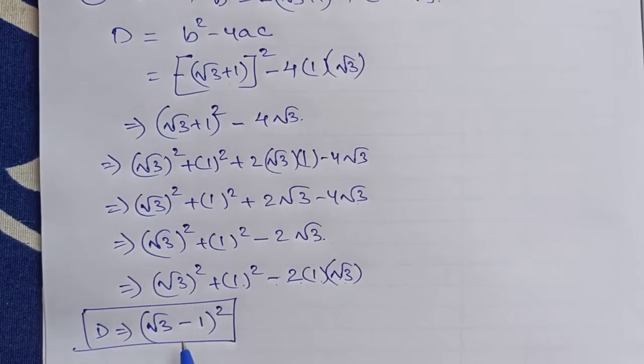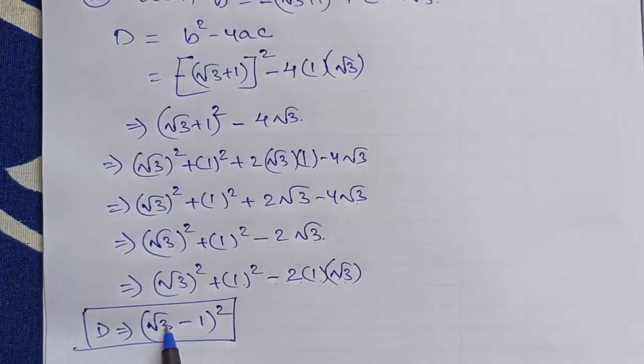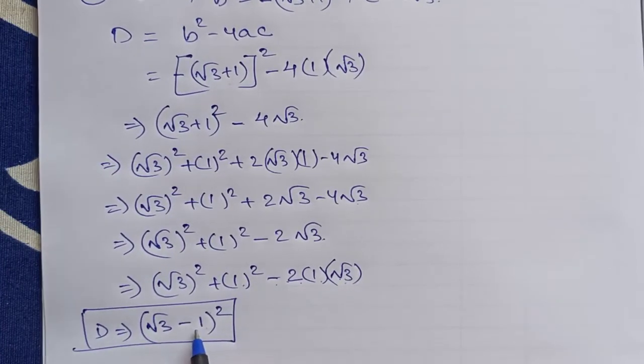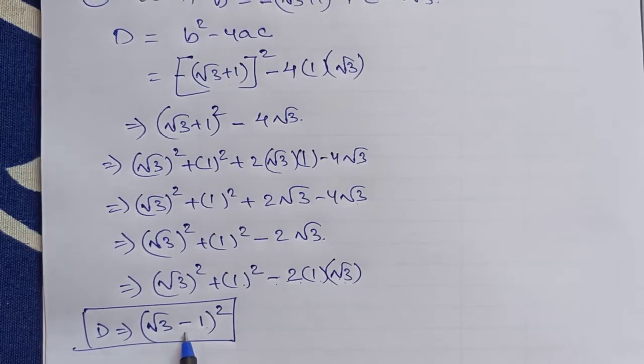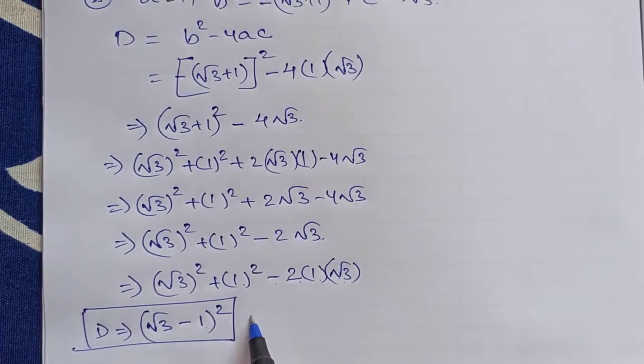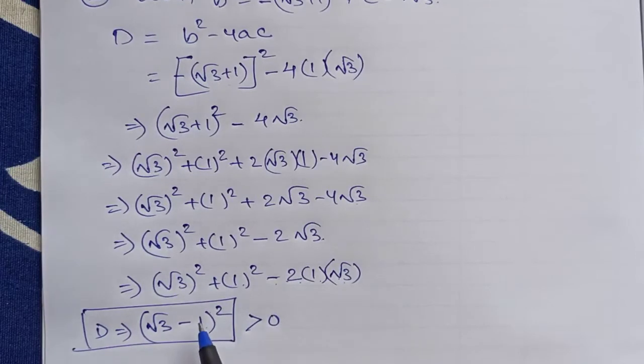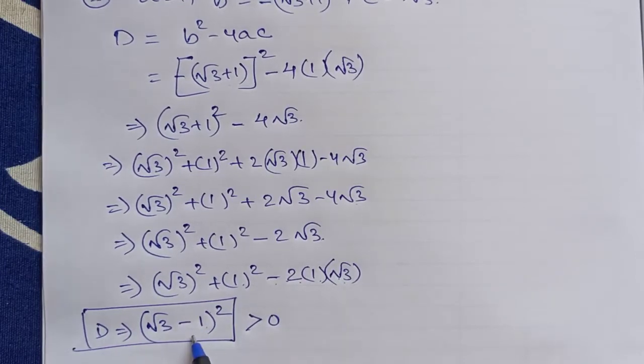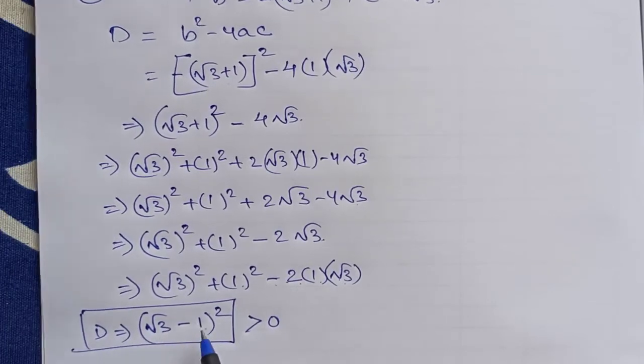So from this what we can assume, look here, √3 − 1. Whatever value we get, √3 is 1.732, minus 1 is 0.732. The square root of 0.732 will definitely be greater than 0. Either you get a positive value or a negative value, inside the square root it will always be positive. Minus 1 square is 1, minus 4 square is 16.